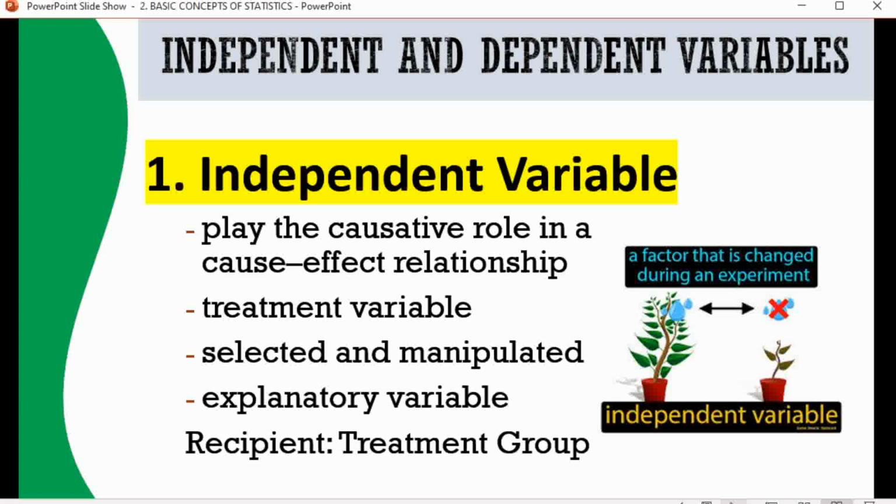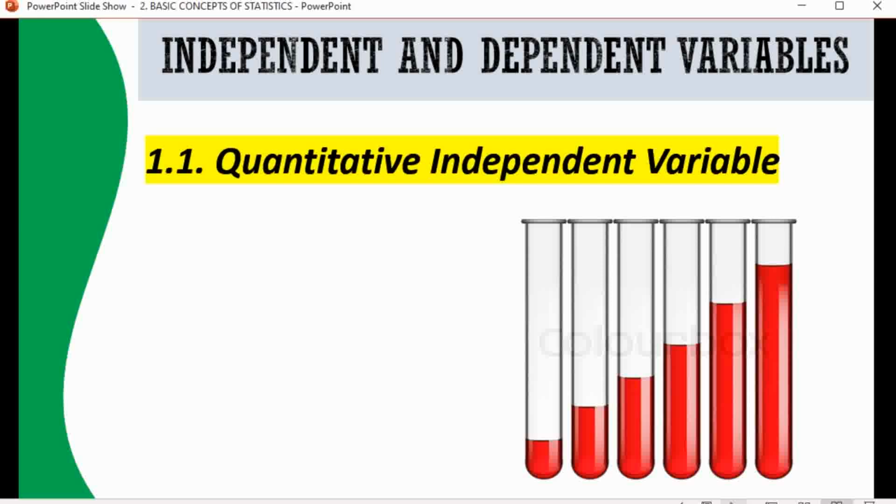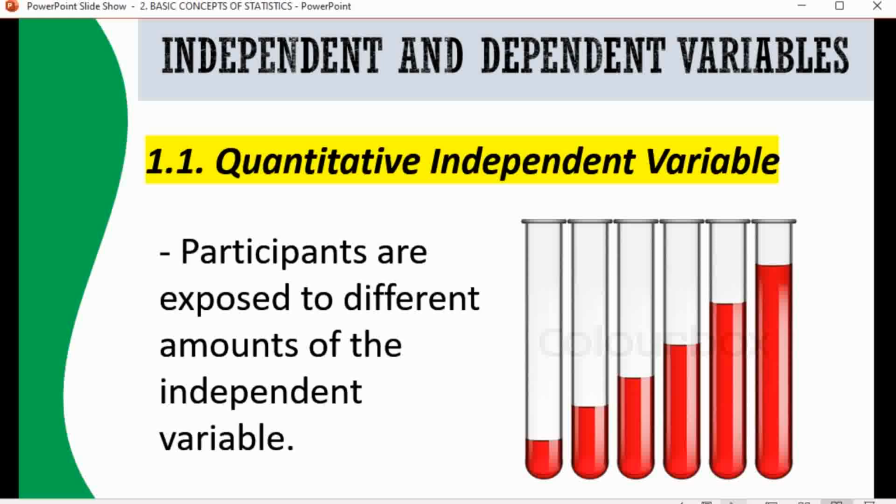If you have a research and you will focus on certain groups, independent variables are administered to treatment groups. There are different types of independent variable. We have the quantitative independent variable. Suppose you would like to study the effect of a certain drug.